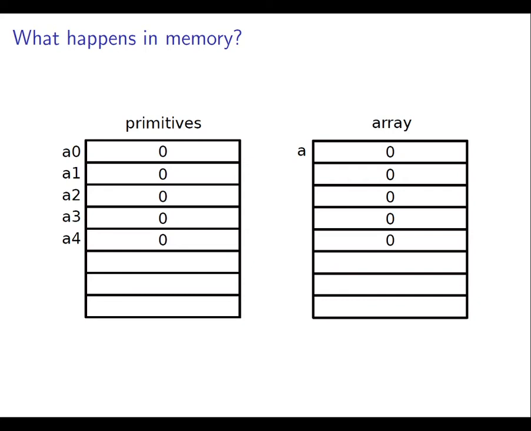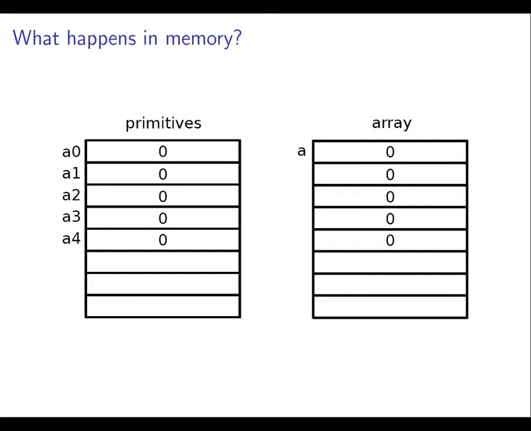And here's another way of thinking about what happens in memory. If we set our primitive variables a0 through a4 independently, then they would each get their initial value, 0, as we set it in 1 line per variable, the way we saw to start with. If we initialize an array, we can systematically put 0 in for all those elements.